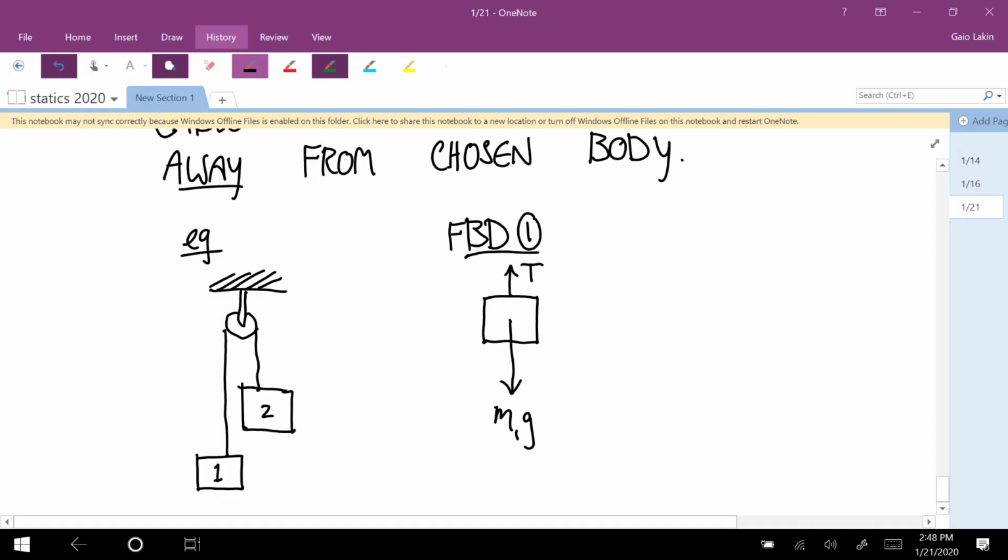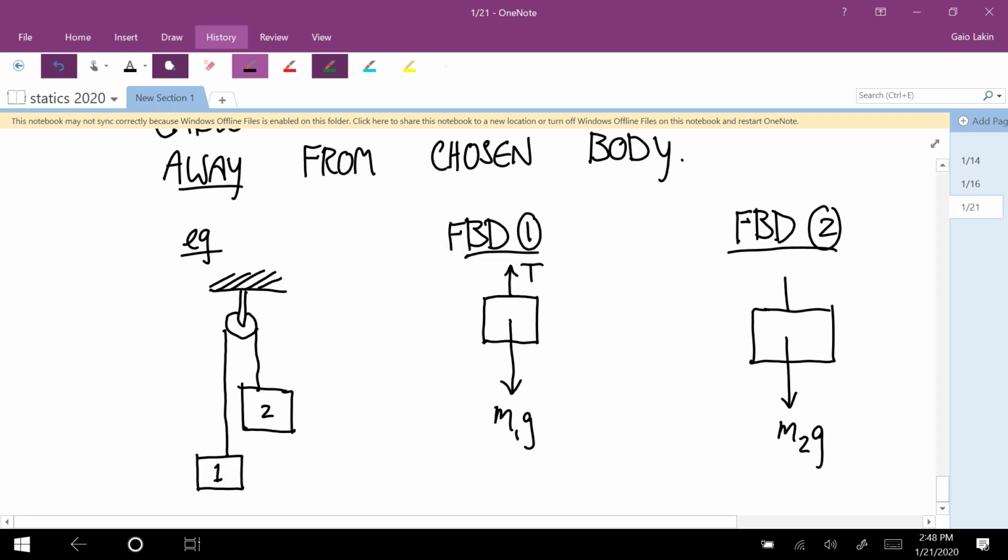And a free body diagram of body 2. There's a weight force there, so I'll call that M2G. And then again, we have a force that's parallel to the cable, so it's either up or down, and it's away from the chosen body, so that way. And since it's the same cable just going over a pulley, that has the same force T.